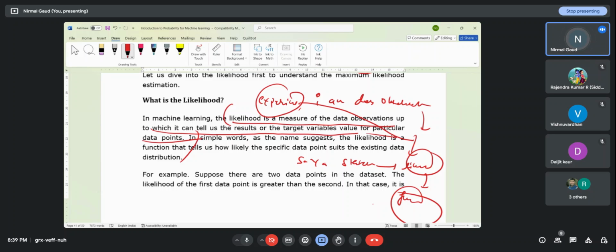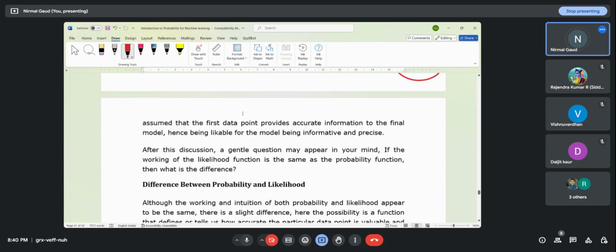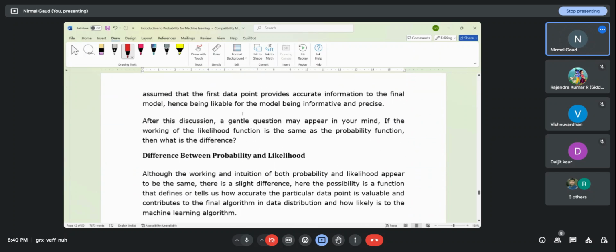So this is likelihood that there will be a rainfall, because you have done this observation that this situation has been created, so likely to happen, rain is going to happen. Okay, that's what a likelihood is.